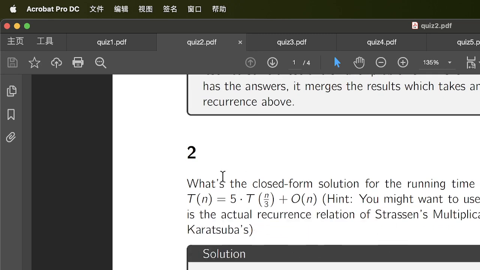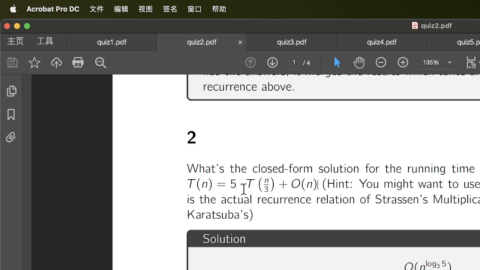Okay, and number 2, what's the closed form solution for the running time of the following recurrence relation? This question asks us to use the master theorem. To apply the master theorem, we just need to look at the theorem and figure out the value of a, the value of b, and the value of d, and compare the relationship.